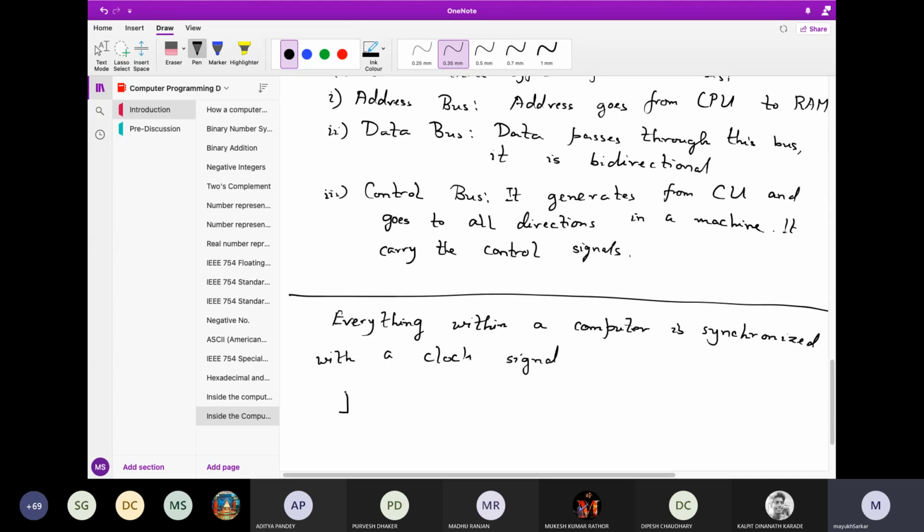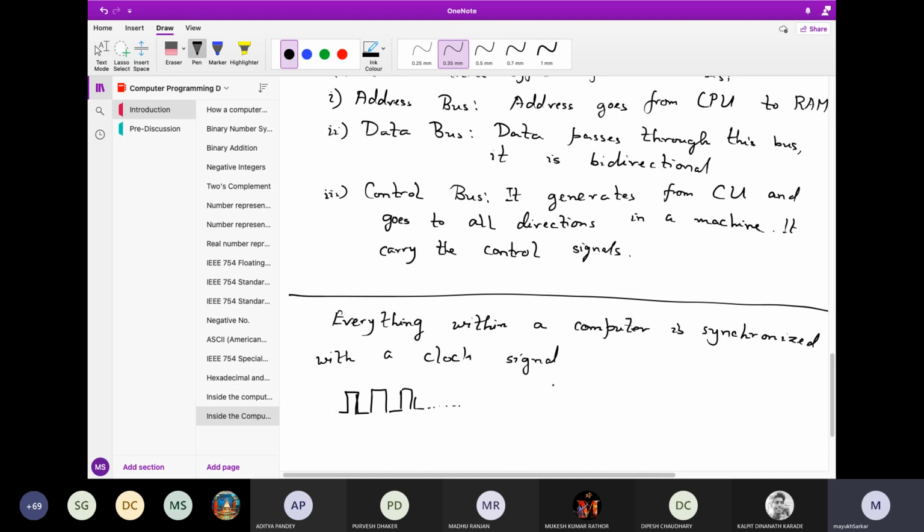The clock signal, in fact, is a periodic signal, something like this. Right? And it generates at a particular frequency.